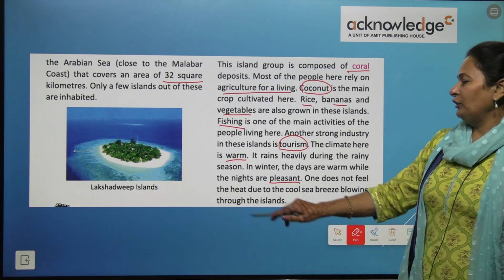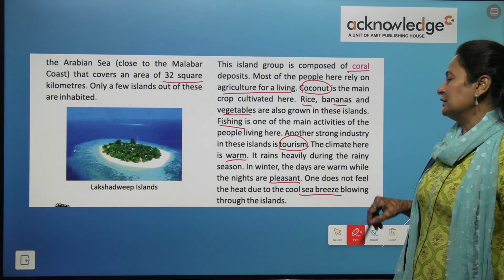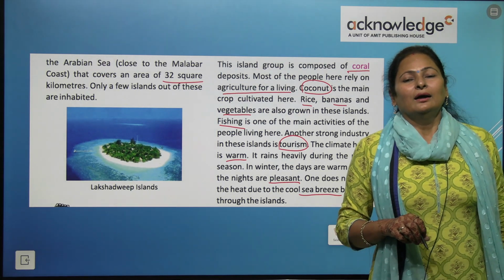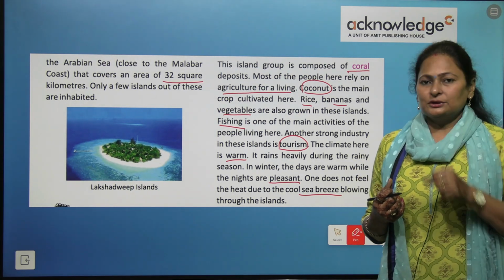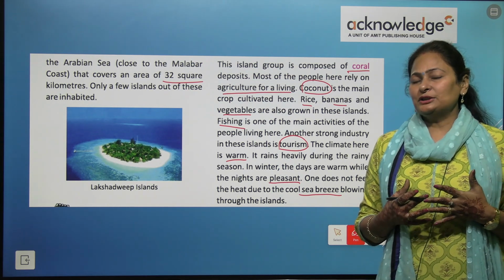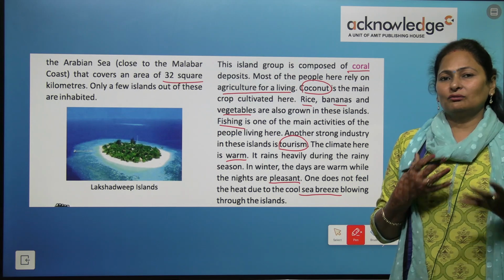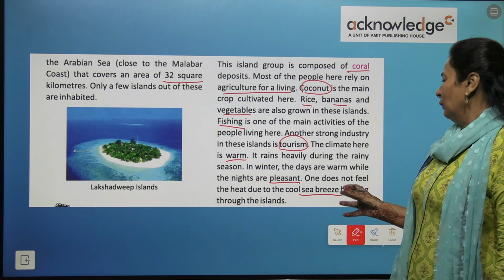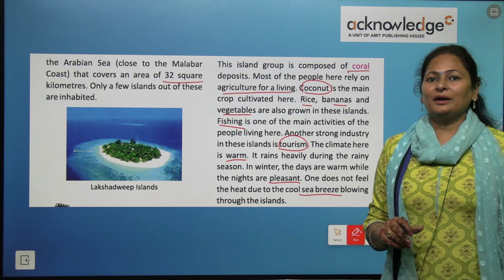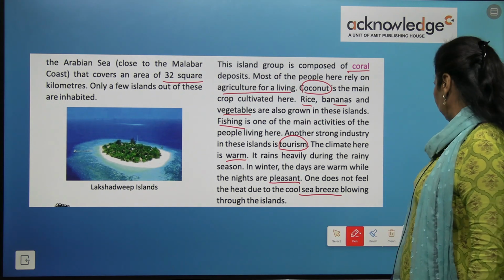One does not feel the heat due to the cool sea breeze blowing through the island. You all know the sea breeze. You must have learned in science about the cool sea breeze and warm sea breeze, right? So, because of the cool sea breeze blown through the islands.